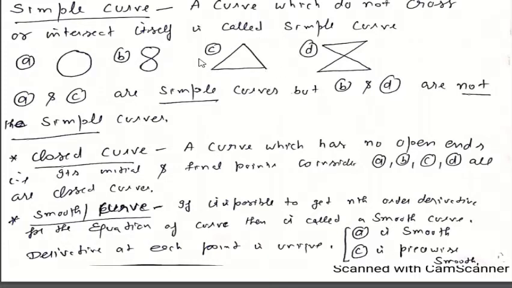In pieces it is smooth. So simple, which does not intersect itself; closed, which has no open ends; smooth, at which we get a unique derivative at each point, or you can feel the smoothness by moving the finger across.